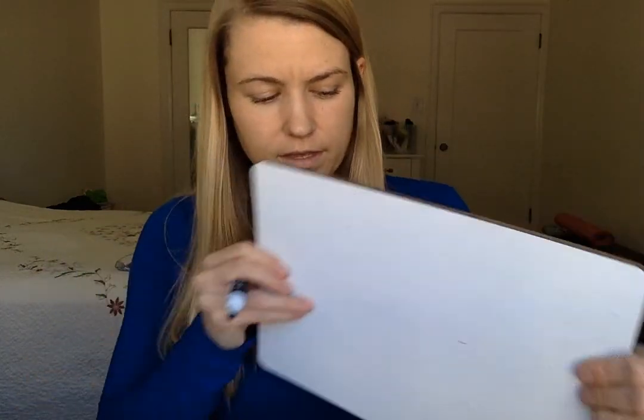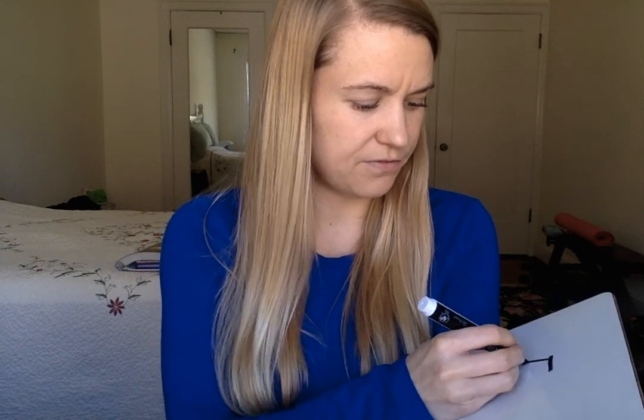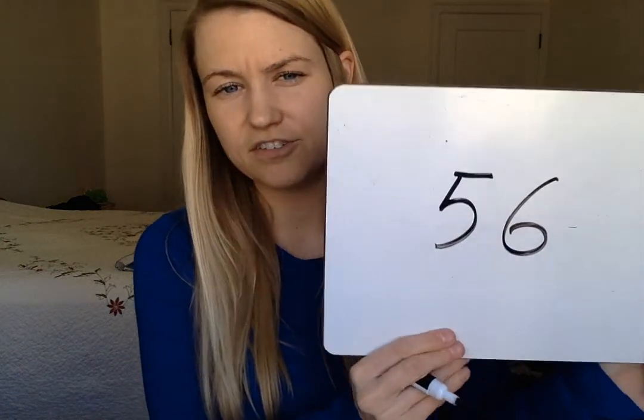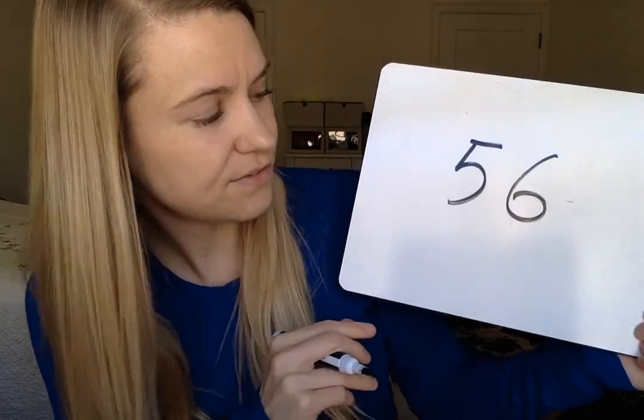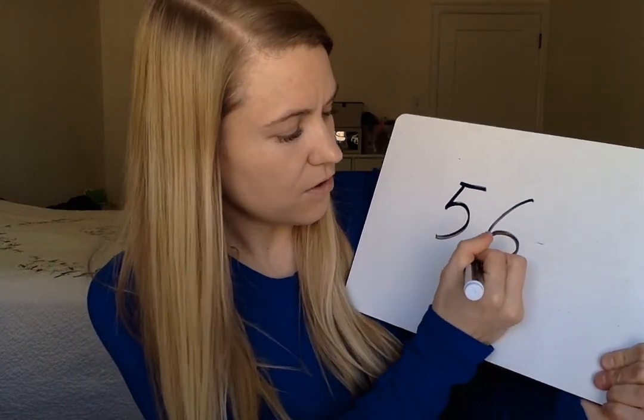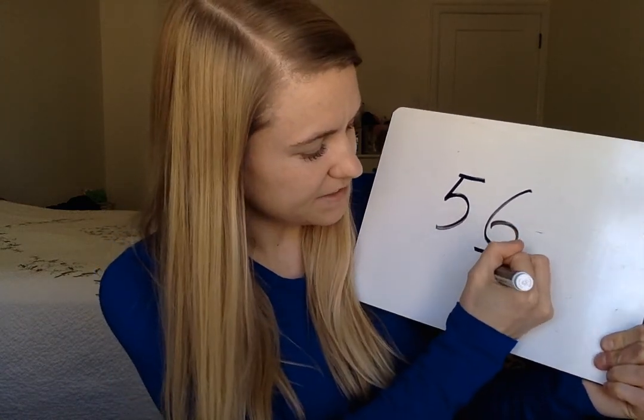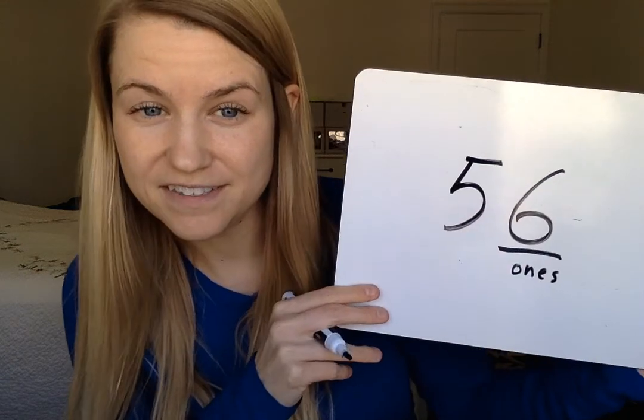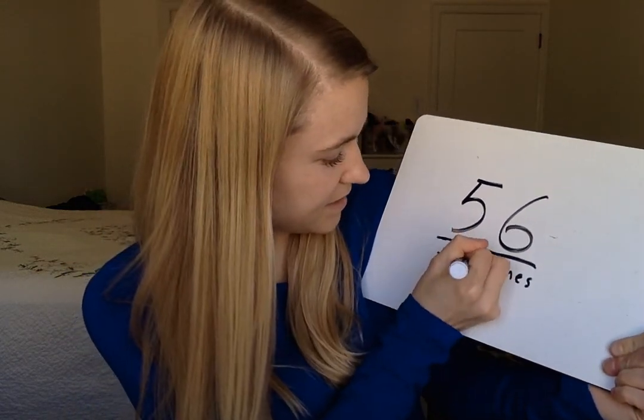And to remind you of a little place value, let's say I wrote the number 56, and I said to you, okay, how many ones are in 56? You have to remember the place value of these numbers. So always we start kind of backwards from reading. We actually go right to left, with our tiniest amount first being our ones, and then after our ones would be our tens.